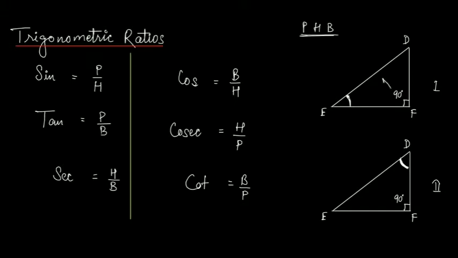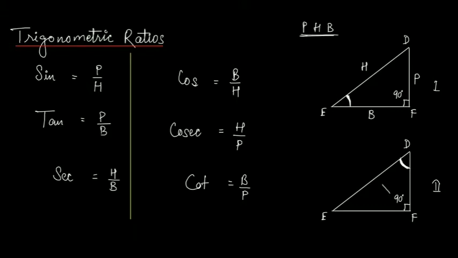Pandit Badri Prasad upon Har Har Bhole: PBP upon HHB. So first P upon H, second B upon H, third P upon B, and cosec is the reciprocal of sine, sec is the reciprocal of cos, and cot is the reciprocal of tan.